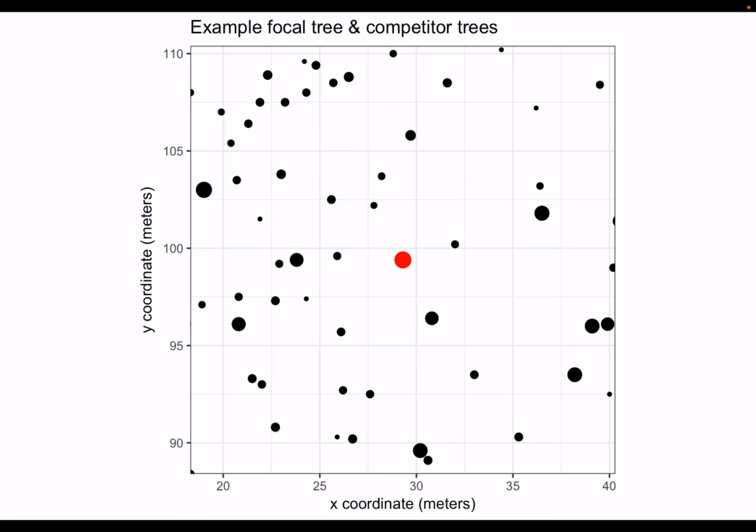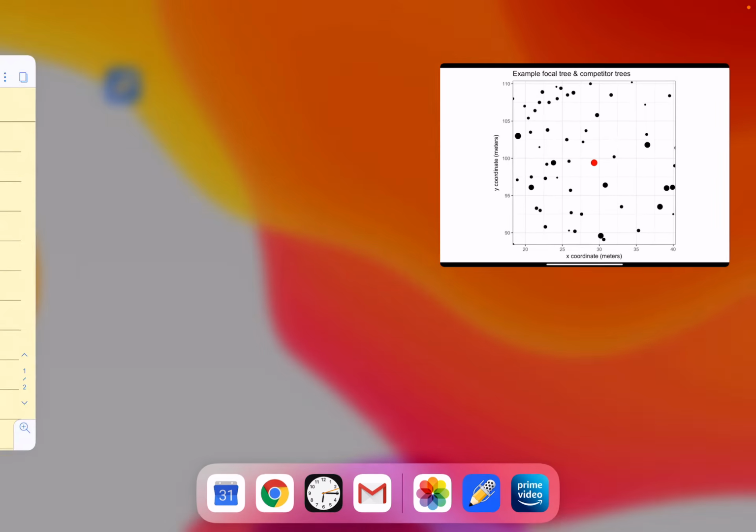So the question is, as you have more competitor trees in black surrounding that focal tree, how does that impact the growth of the red tree? But not only does the number of trees matter, but the size of the tree matters. So we're interested in competitor biomass's impact on the growth of that red tree.